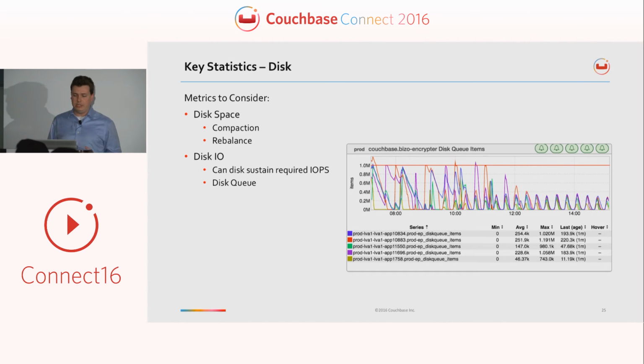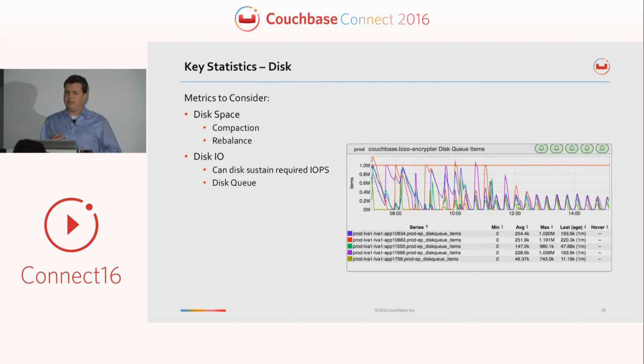This particular graph I've got here is for the Bezo Encryptor Couchbase bucket at LinkedIn. This bucket has a service writing to it periodically, doing 4 or 5 million writes in a given small amount of time. And you can see that the disk queue builds up for a period of time.